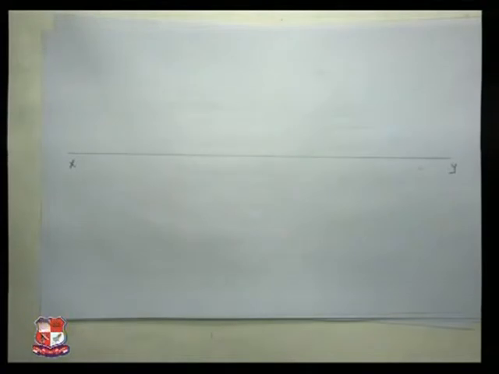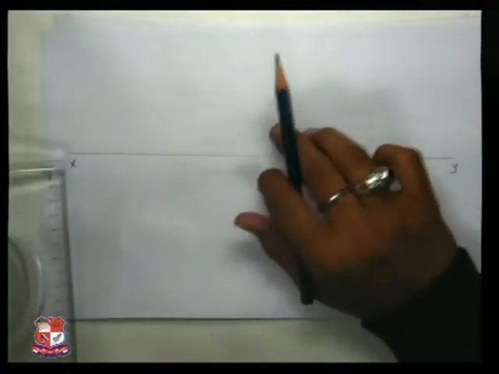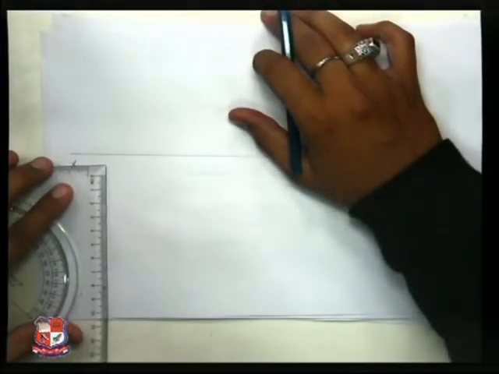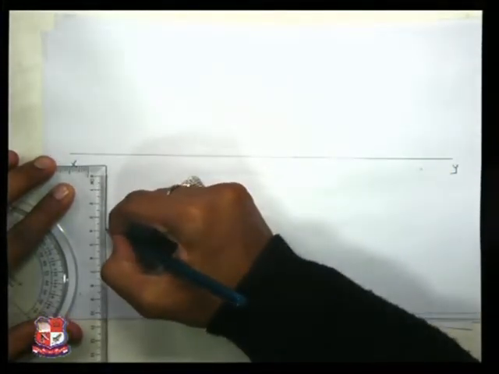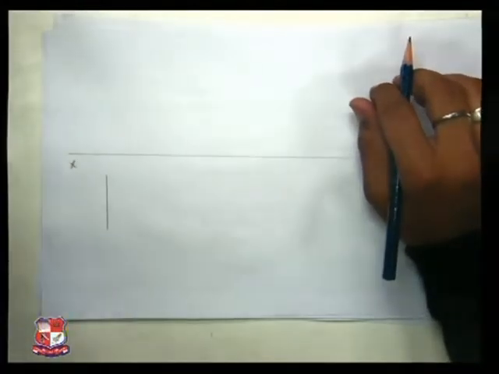Now we need to draw a square of 40 mm side each.